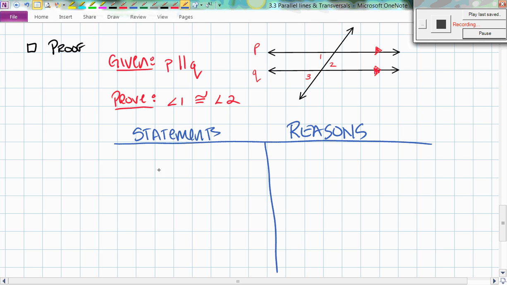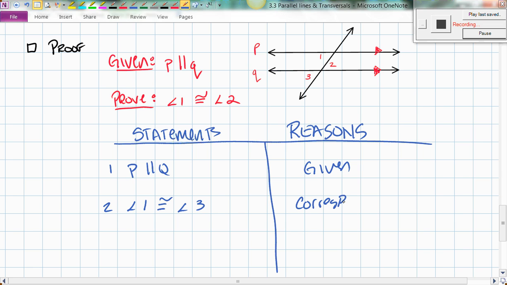So what was the first thing we said as a class? Yeah, number 1, right? P parallel to Q, given. What's number 2? Angle 1 congruent to angle 3. How come? Because they're corresponding. Okay, number 3.